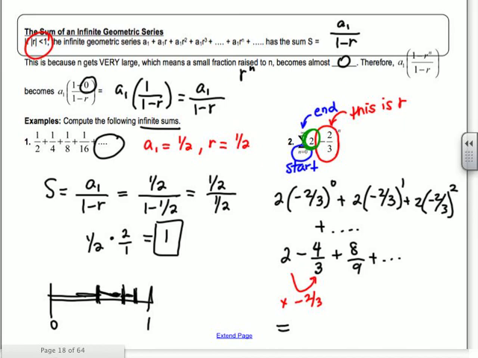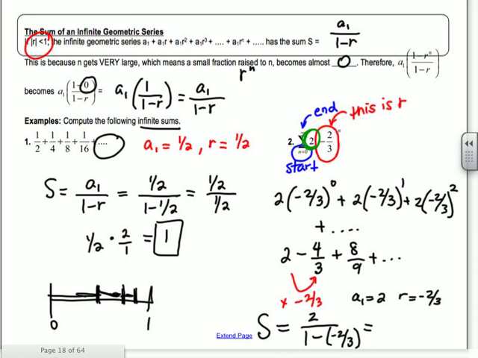So see how you're multiplying by negative 2/3. Okay, so that's R. I also need A1. So A1 ends up being the number out front because the R part was being raised to 0 to begin with. So A1 is 2. All right, so you end up with A1 equals 2 and R is negative 2/3.